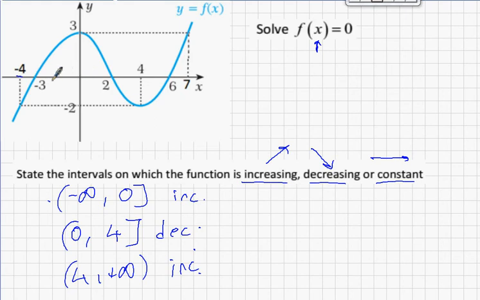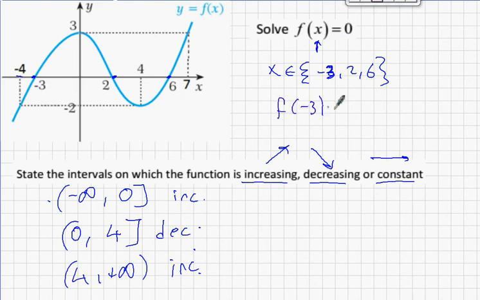To make it 0, there must be an x value like minus 3, 2 or 6. When you choose one of these numbers, the result is going to be equal to 0.